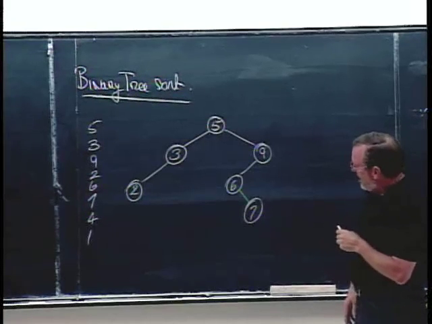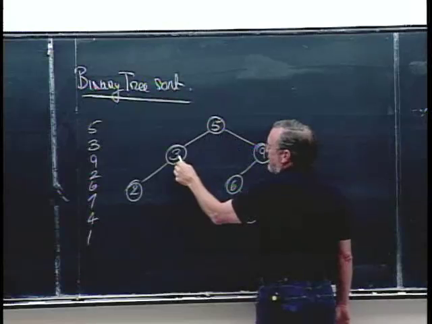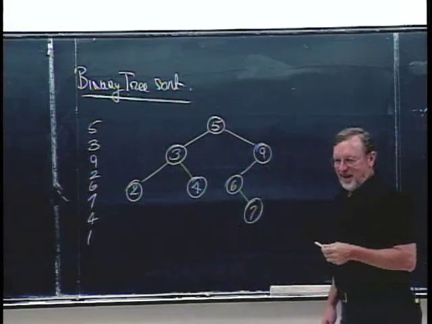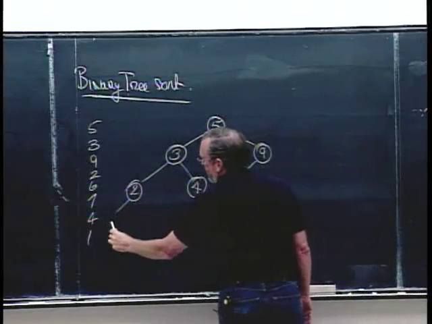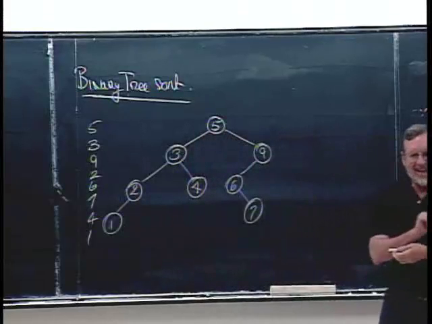Is it looking binary yet? 4, aha. Goes to the left of 5 and to the right of 3. There you go. Finally, I got something there. And then 1 goes to the left of 5, the left of 3, and the left of 2. And you get a binary tree that looks kind of like that.